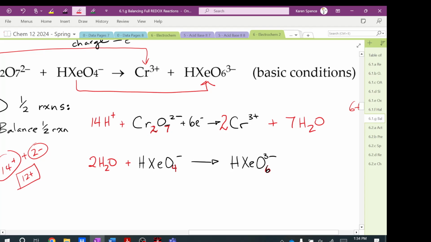How many hydrogen on the left? 4 plus 1 is 5 hydrogen. And on the right, I have 1. And so I need to add how many to the right-hand side? 4.